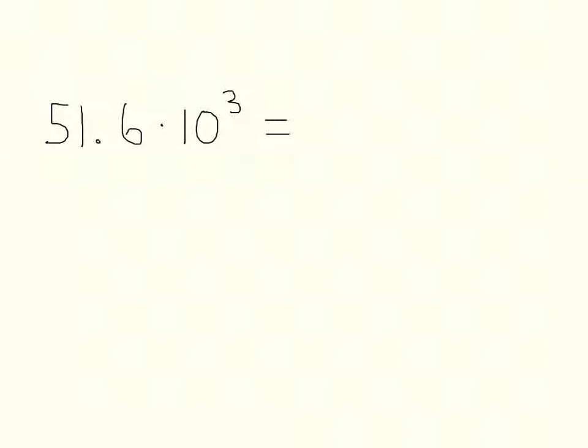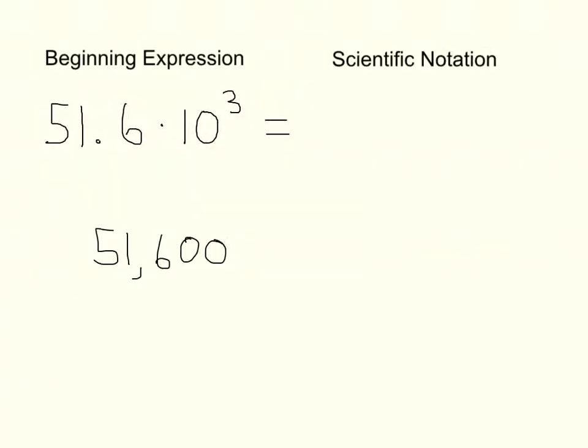So, we know this beginning expression also equals 51,600. We can conclude, because the beginning expression is equal to the expression in scientific notation, that the form in scientific notation will also equal 51,600.